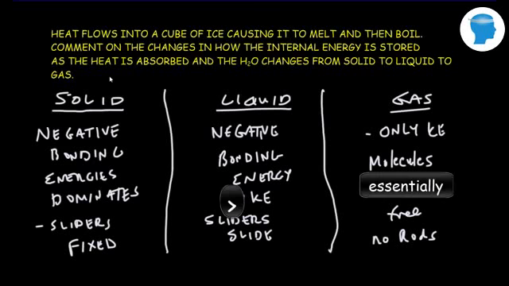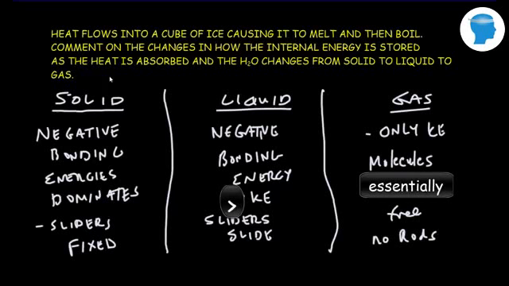Okay. In the solid form, the negative bonding energies are dominating the kinetic energies, and those sliders would be fixed. As you move to a liquid, the kinetic energy of the molecules overcomes that solid bonding energy, and the sliders begin to slide around.